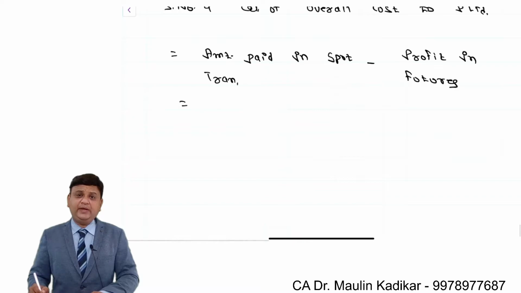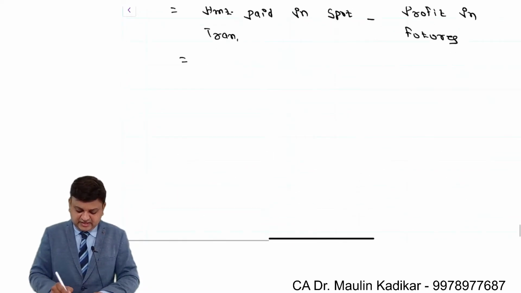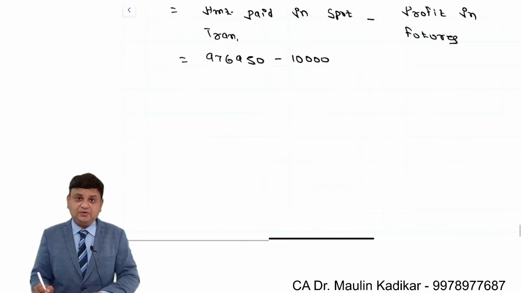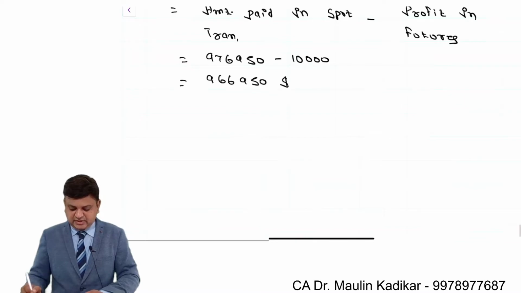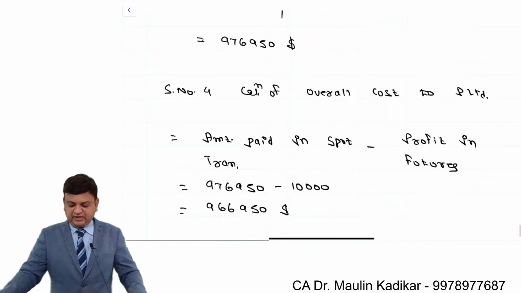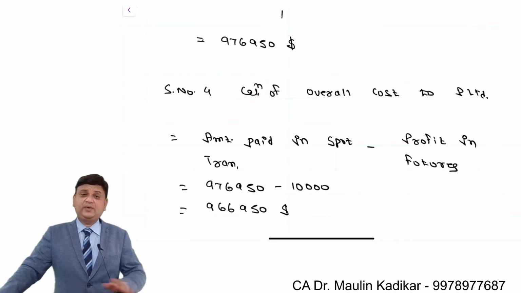What is the amount paid in spot transaction, friends? It is 976,950. And what is the profit in futures? 10,000. So what is the final answer? 966,950 United States dollar. That is the way the overall cost to P Limited is calculated. This is the way we are required to do the answer.